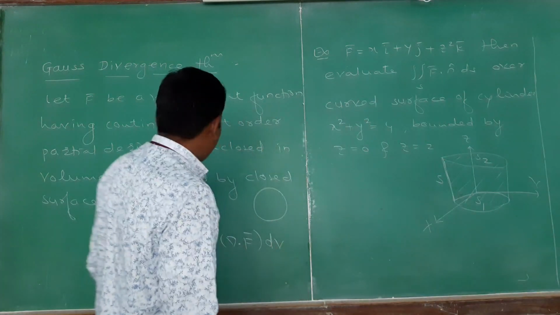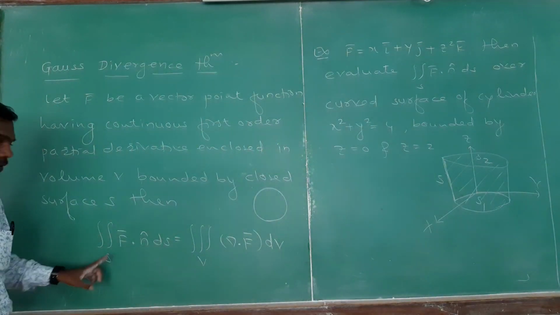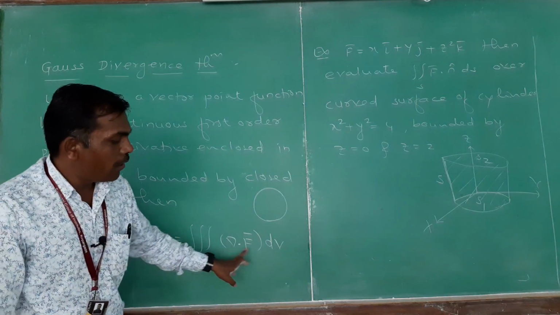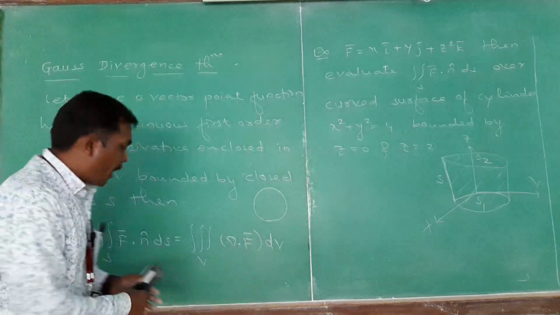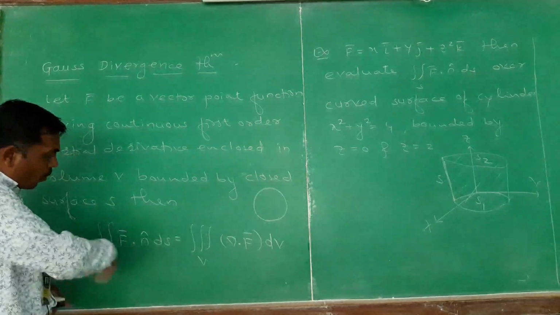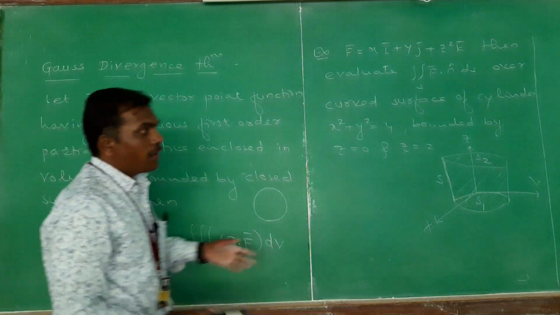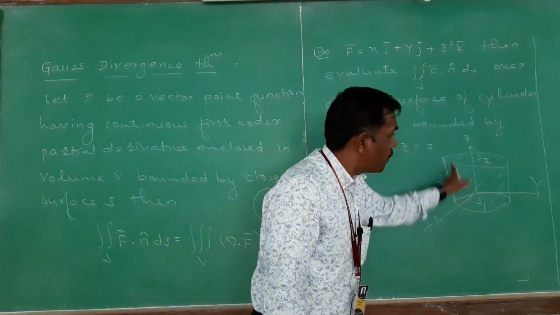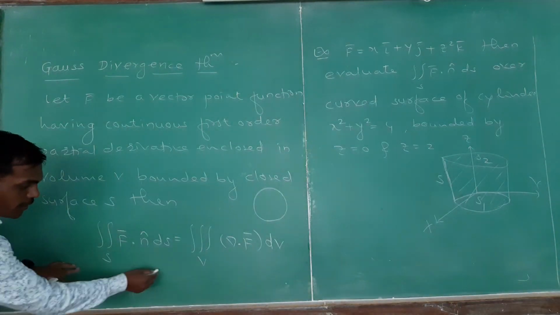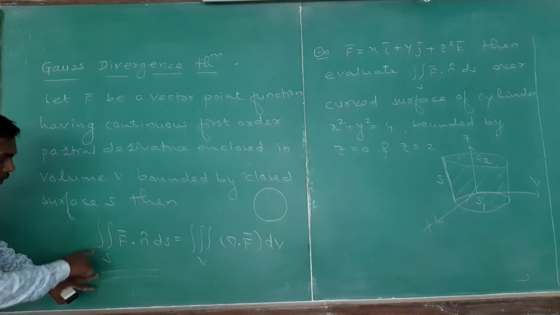So we use divergence theorem. Double integral over S f bar dot n cap ds is equal to triple integration over V del dot f bar dv. But this surface S is only a curved surface. So we can divide this double integral into 3 parts over S, S1, S2.